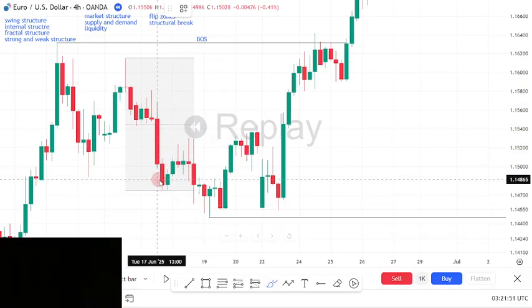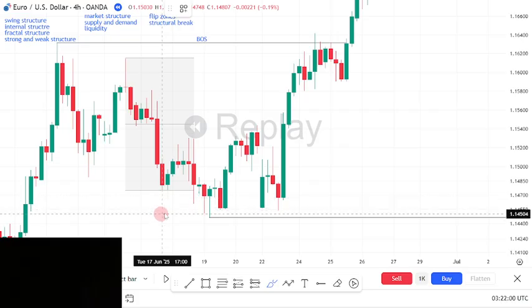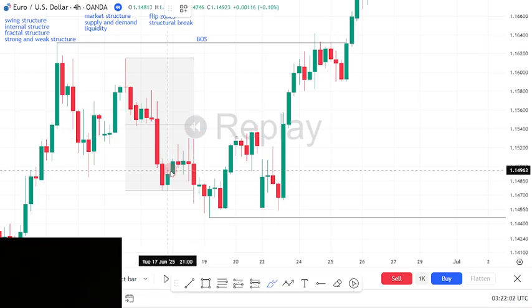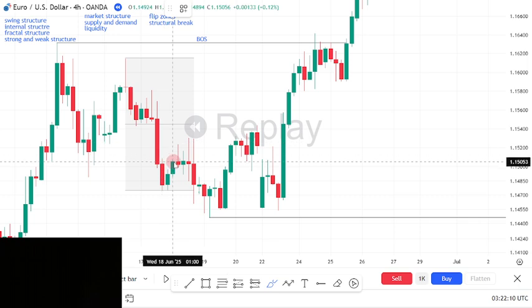So we can already anticipate where there is a higher probability price will pull back into.